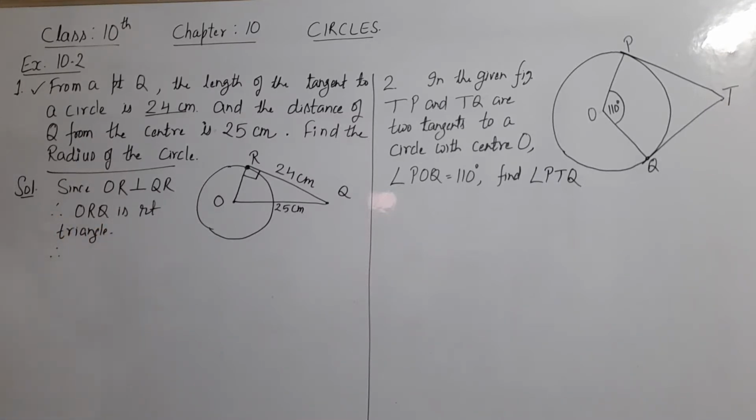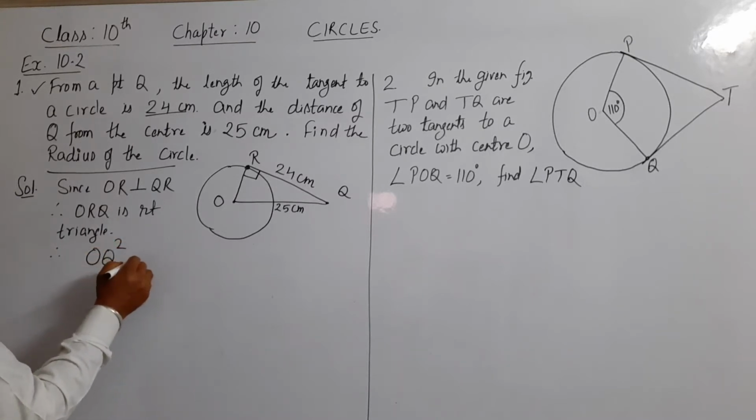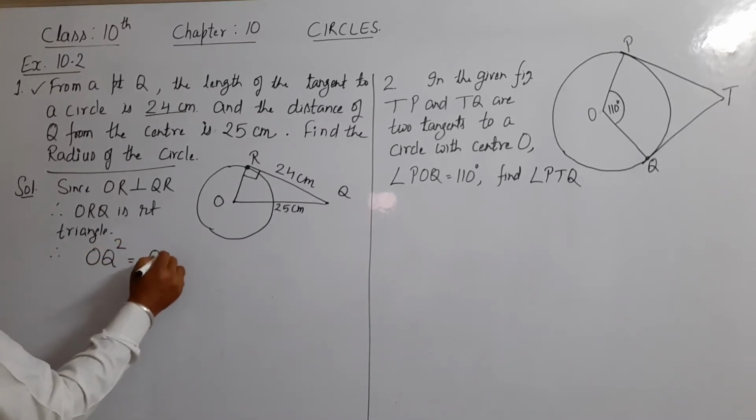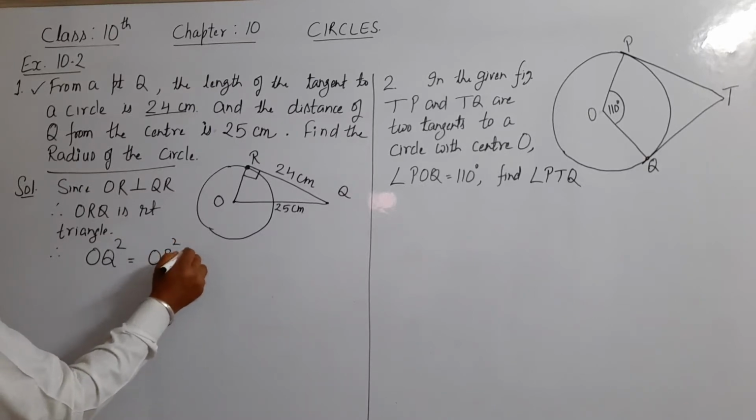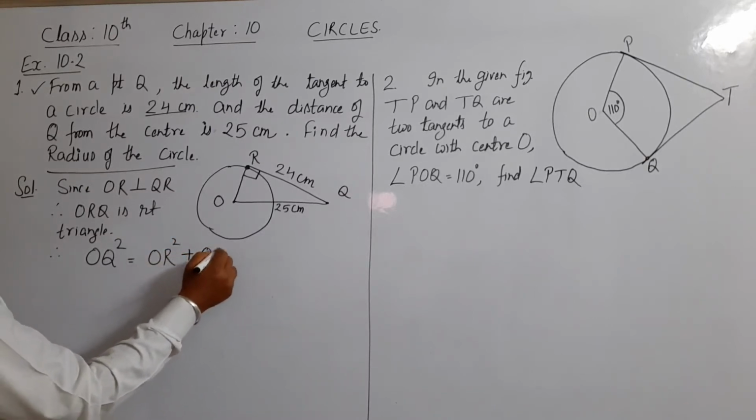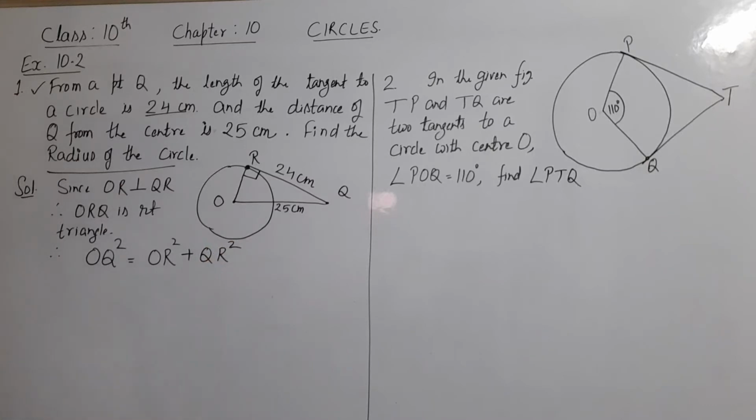Therefore, by Pythagoras theorem, OQ square, that is hypotenuse square, is equal to OR square plus QR square. And as we have to find OR, so let us take QR on the other side.